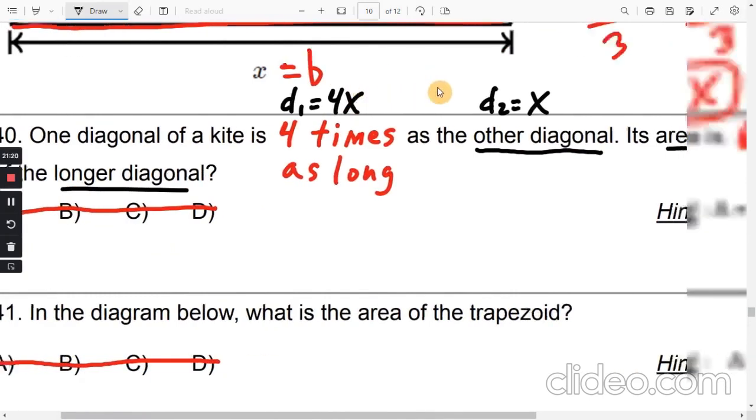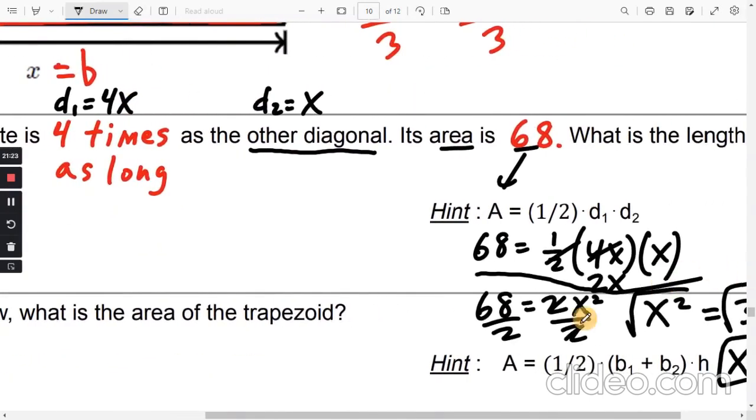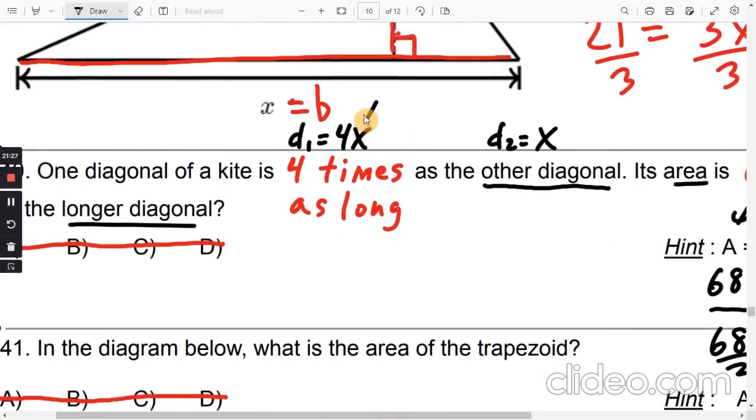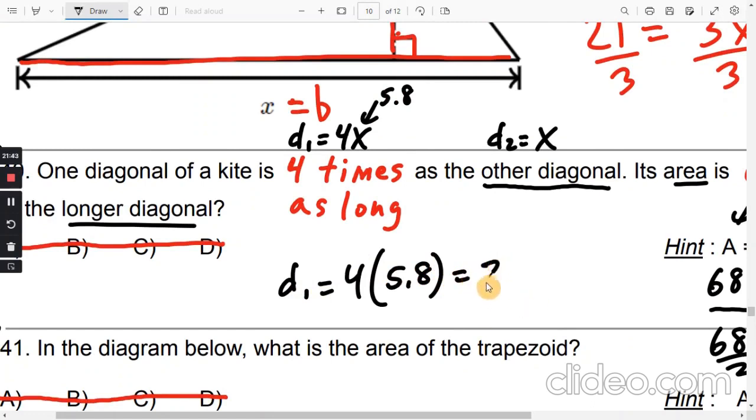So we have to take x equals 5.8 and plug it in. So that goes right in there, 5.8. All right, so D1 is going to be 4 times 5.8. 5.8 times 4 is 23.2.